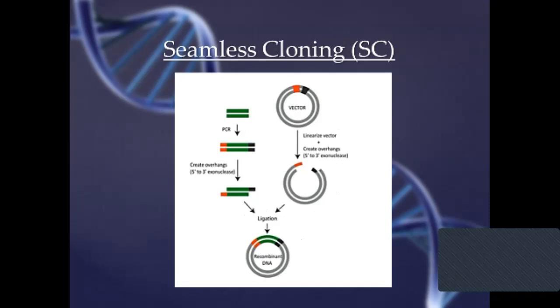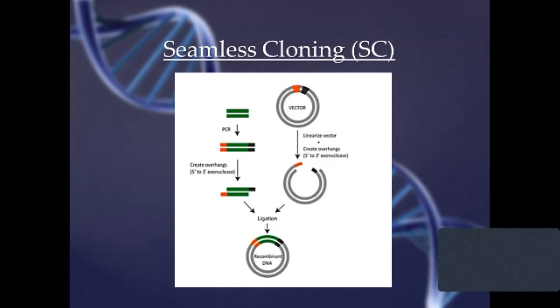The seamless cloning technique, similar to the ligation independent cloning, depends on matching short sequences at the end of the DNA fragment to the short sequences on the plasmid vector. Seamless cloning method requires enzymes with 5' to 3' exonuclease activity to create 3' overhangs, a DNA polymerase to fill in gaps, and the DNA ligase to seal the nicks.